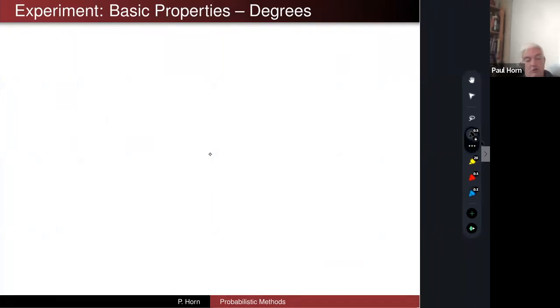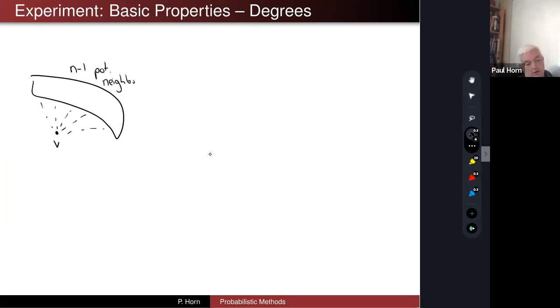And there are other things I could do. I could think about other properties of this random graph, like the degree. So I pick a vertex v. It has n-1 potential neighbors. I'm flipping an independent coin for each of them.